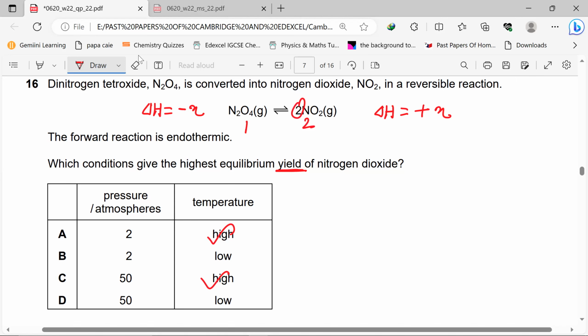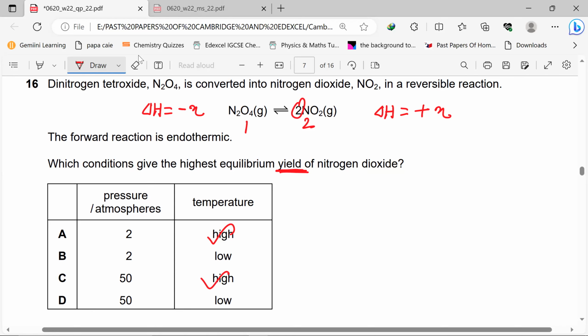If we have 4 bedrooms, we'll like more population. Gases are like us. So if we increase the pressure, equilibrium will shift to the side where there are fewer moles of gas. And if we decrease the pressure, meaning increasing the volume, meaning more bedrooms, our guests will come and join us. So that's how it goes. So for pressure, they're asking for yield, meaning product. We see we have more moles on the right hand side.